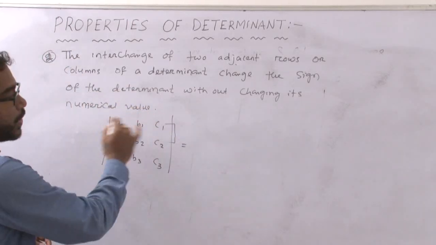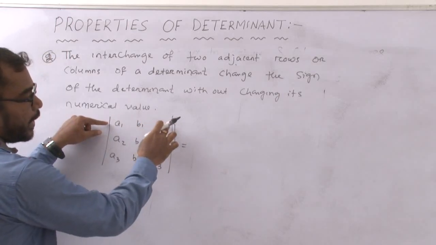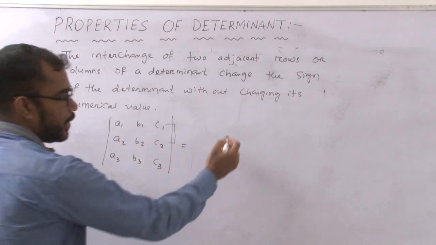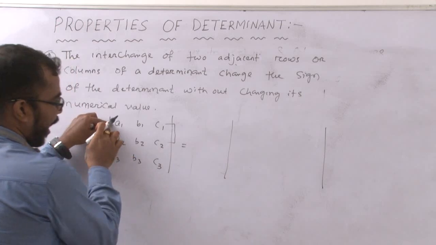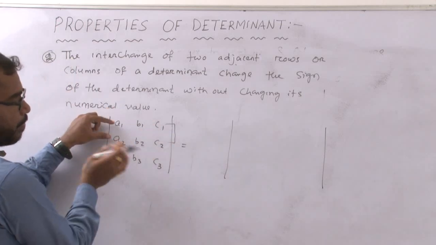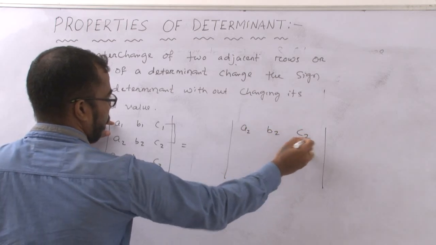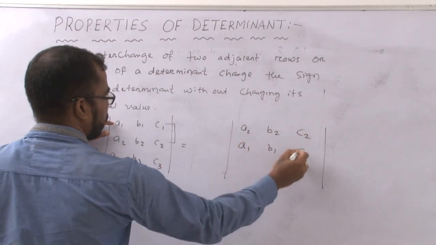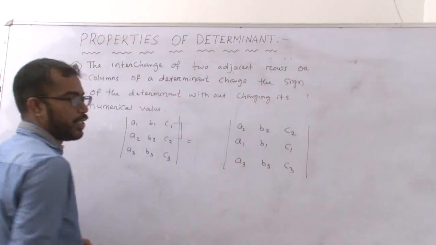So here if we change the adjacent rows R1 and R2, that means we write R1 in place of R2 and R2 in place of R1. That means we can write A2, B2, C2, A1, B1, C1, and A3, B3, C3.